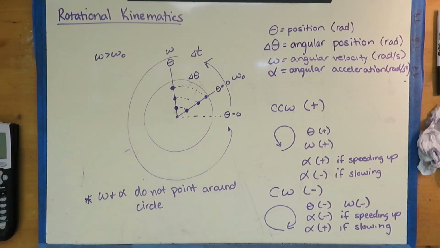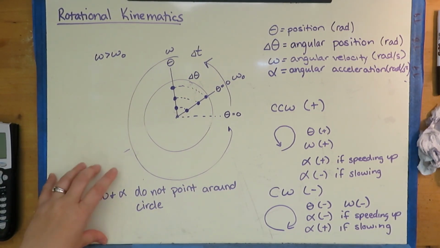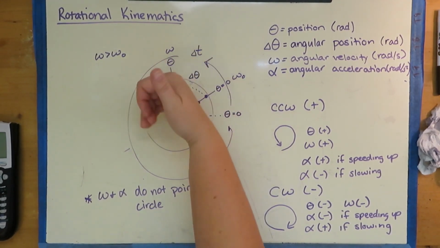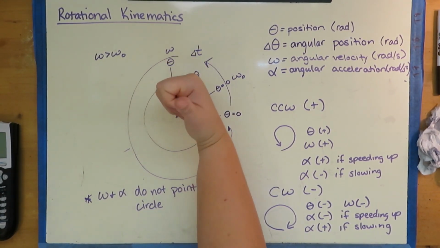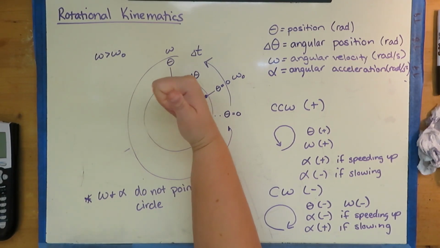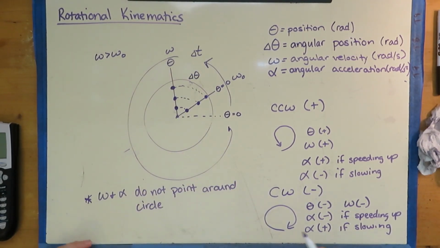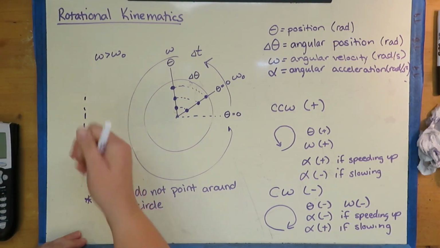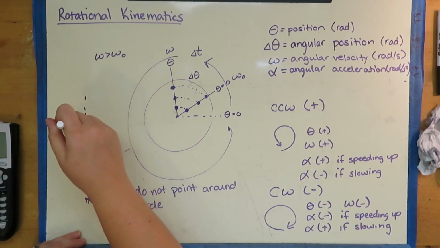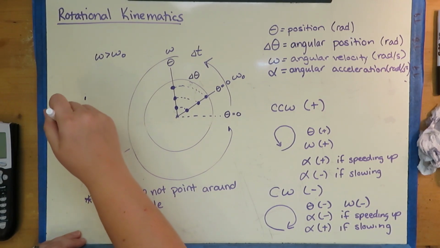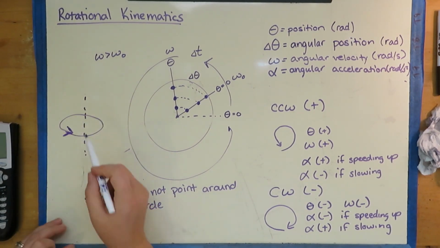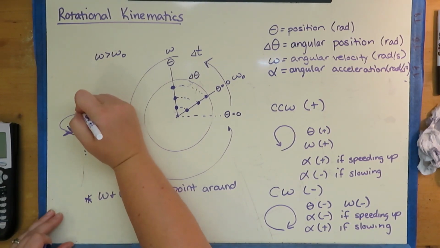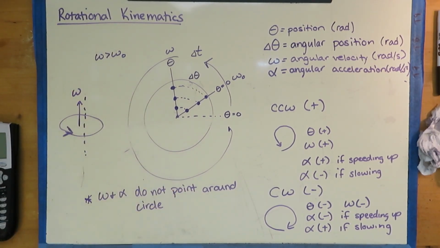A lot of this comes down to vector calculus, but basically, if you were to curl your fingers in the direction of the rotation, that's the direction that omega points. So if I look at a vertical axis here, and I'm moving in a counterclockwise circle, and I wrap my fingers around, my omega vector would point up.